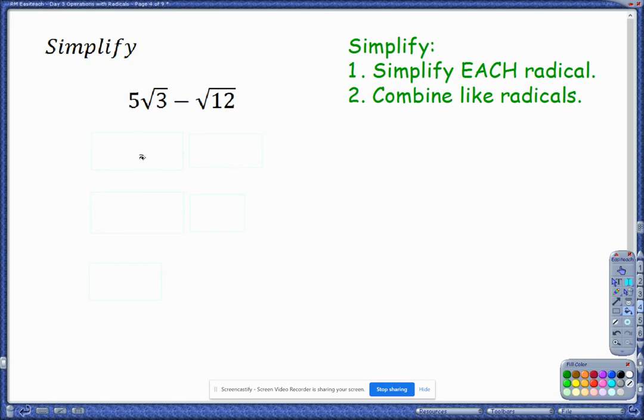Now 5 radical 3 cannot be simplified any further. However, radical 12 is the product of 4 times 3, and I chose 4 because 4 is a perfect square. So the second term becomes 2 radical 3, and now we have like radicals which we can subtract, and the answer becomes 3 radical 3.